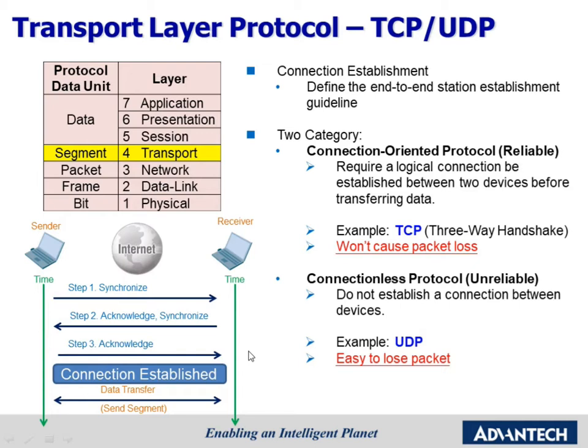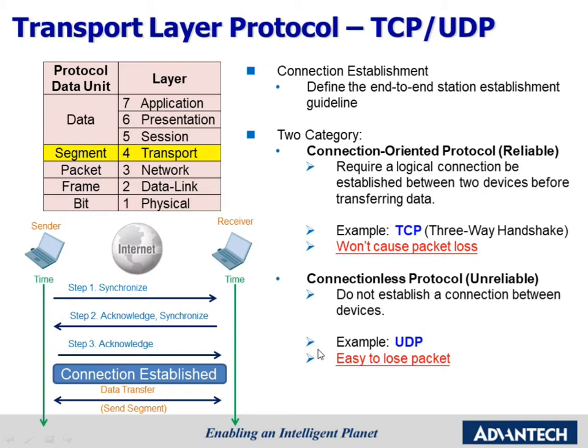That's how TCP builds a connection. If both sender and receiver are working properly, after the TCP connection is established, there won't be data loss during data transmission. So TCP can ensure each piece of data is sent to the destination without losing packets.